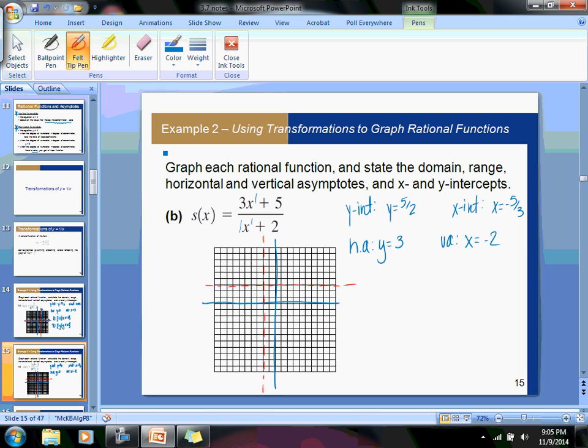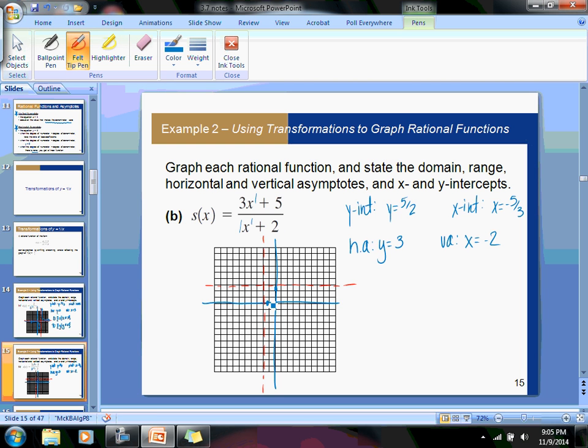Okay, so now I have an x-intercept and a y-intercept, so I can put those on my graph. My y-intercept is 2.5, so really close to my line. And then my x-intercept is -5/3, so really close to my asymptote, but not quite touching it.